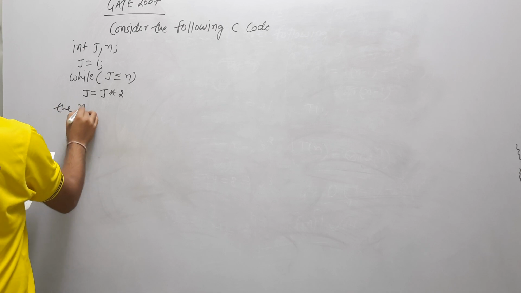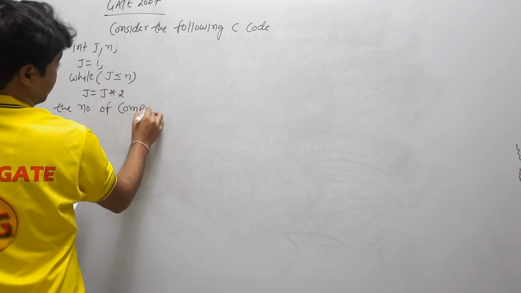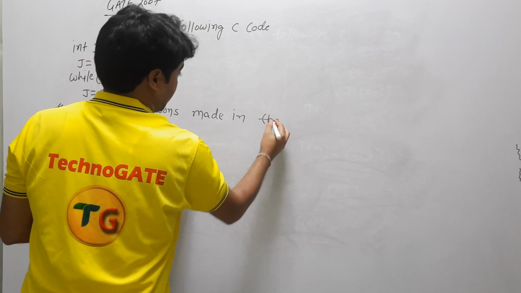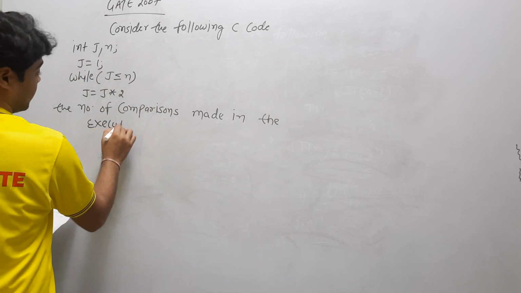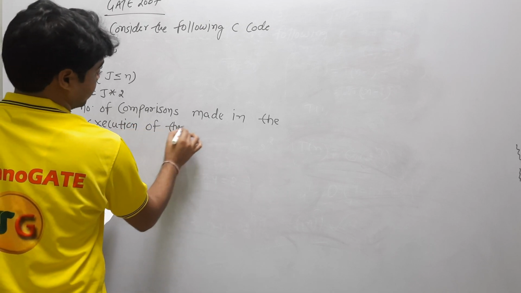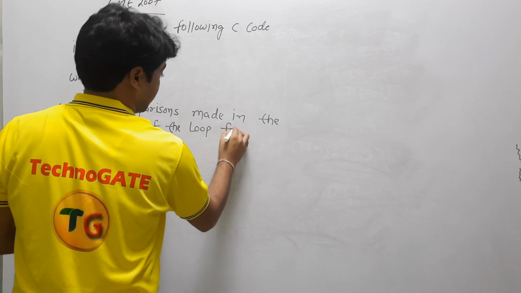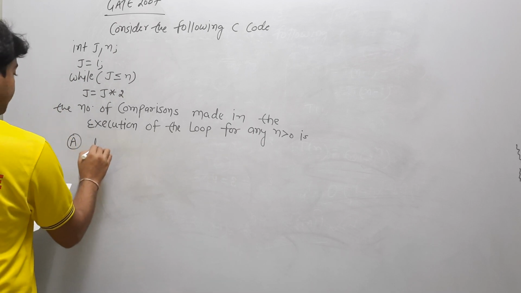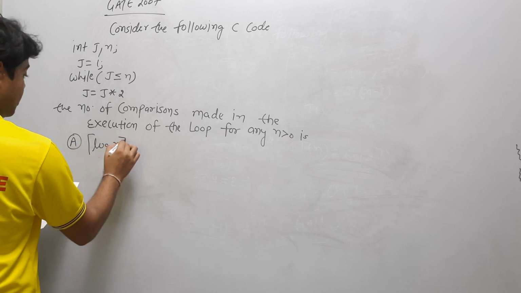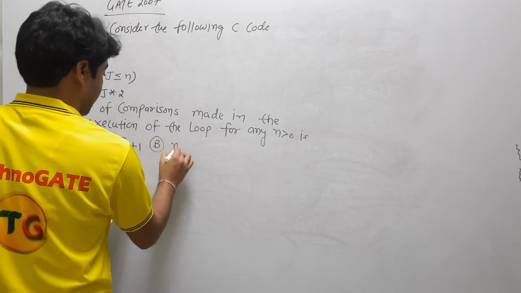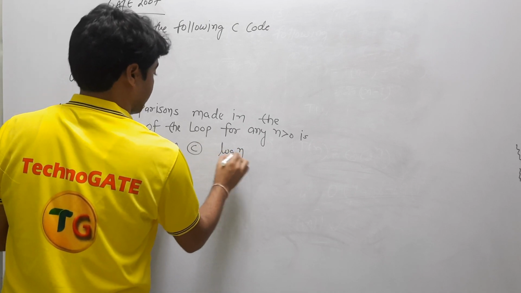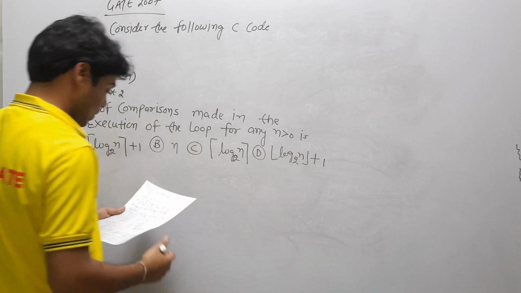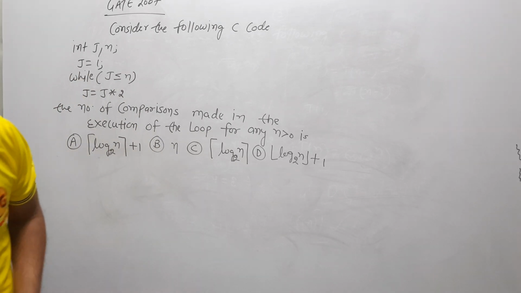Then the number of comparisons made in the execution of the loop for any n greater than 0 is: A, log n plus 1; B, n; C, log n; and D, log n plus 1.